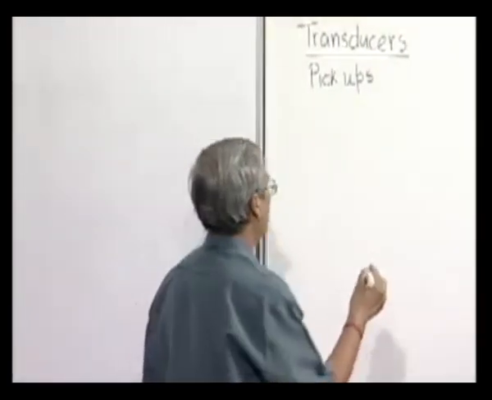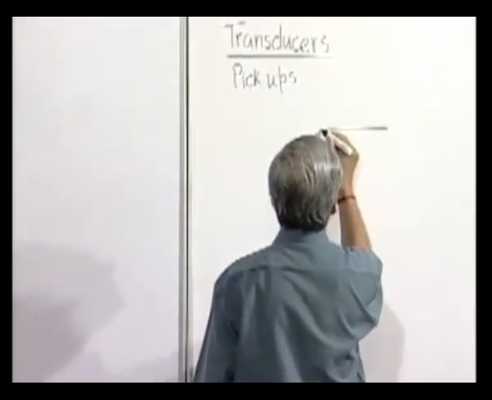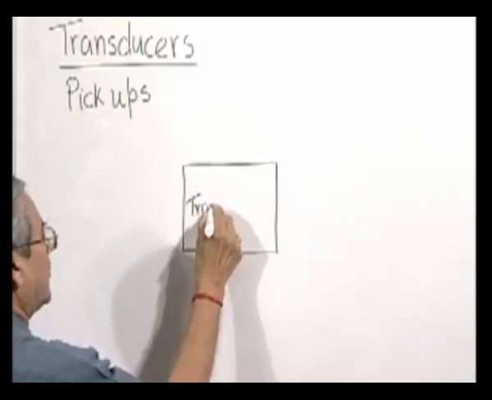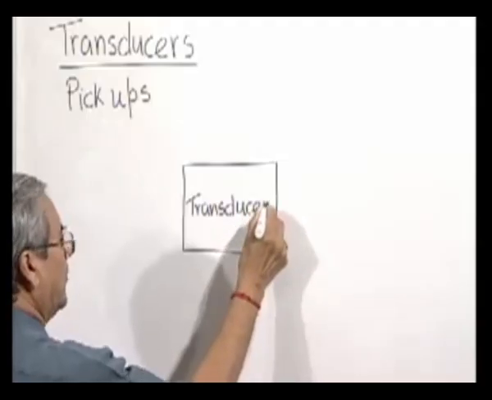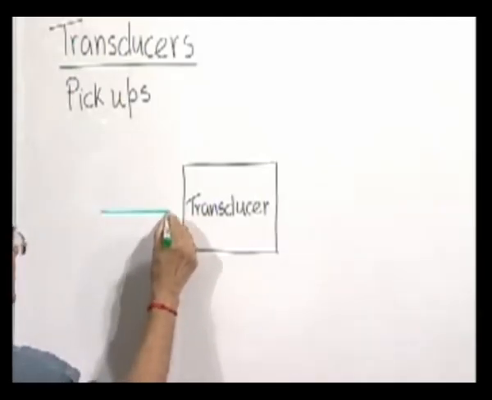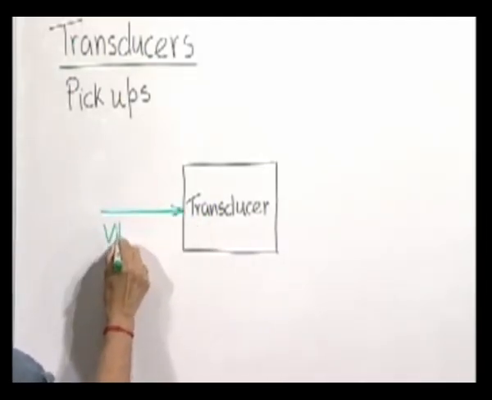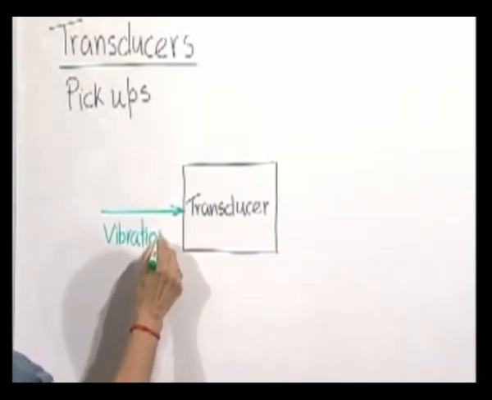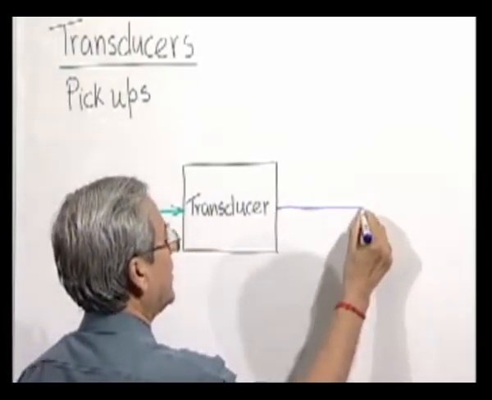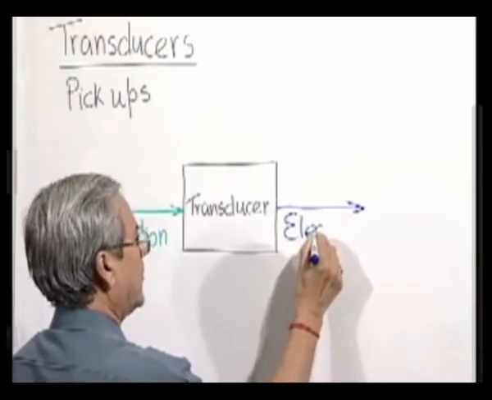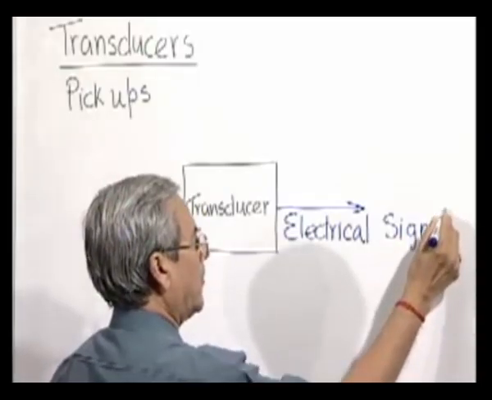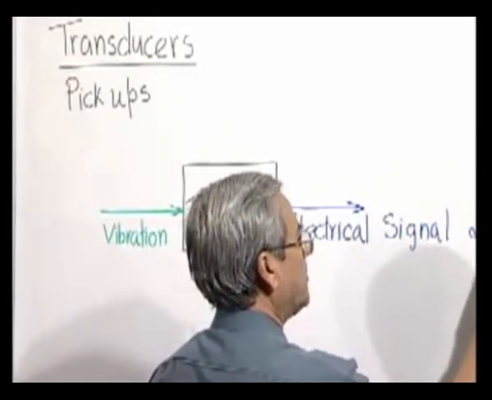The transducer's job is to sense the vibration, which is a mechanical movement, and produce a proportional electrical signal, which is proportional to the vibration parameter.